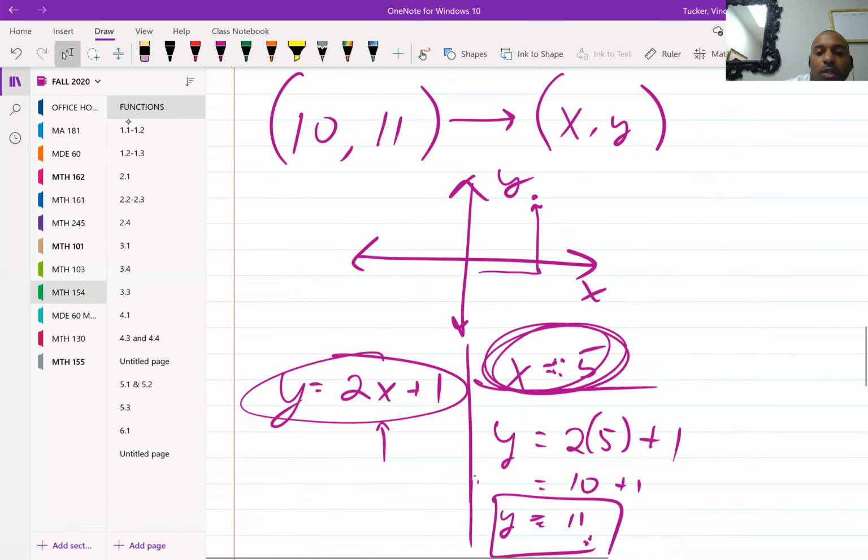So the next one we have (6, 1), (6, 2), (8, 3), (9, 4). We would do the same thing. We want to create a mapping of our domain to our range, look at each individual value in our domain, and ask ourselves, does it go to one value in the range? If there's one value that does not, then it is not a function.